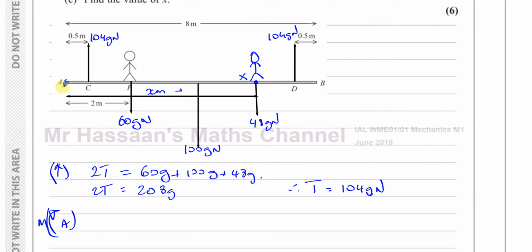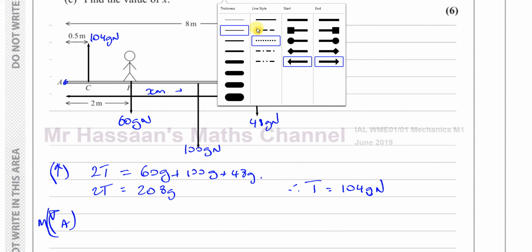So if I take moments about A, the clockwise moments are, now we've got to think about these distances. I'm just going to write these distances in. As we're taking moments about A, it makes life just a little bit easier. So I know that this is already marked as 2 meters. This is already marked as 0.5 meters.